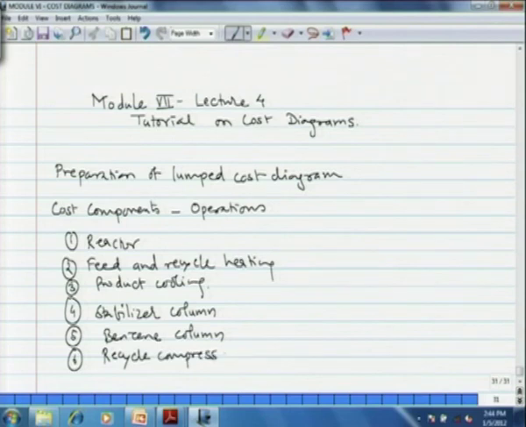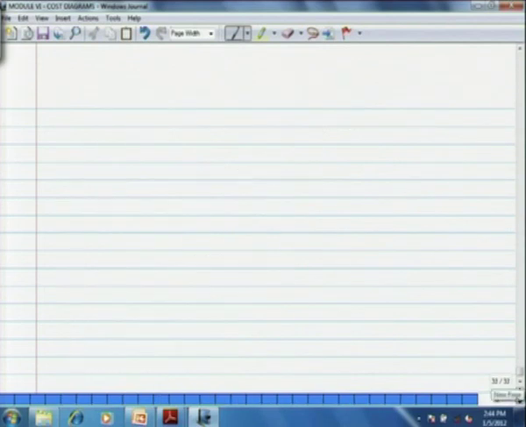So, these are our cost components, and we shall now lump the cost for each of these components. Okay. Let us start with figure 1.